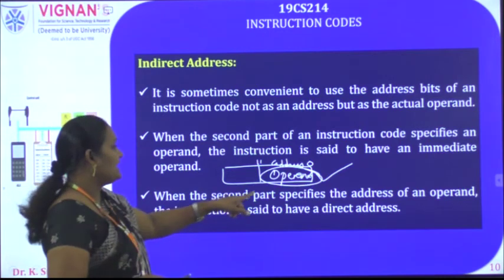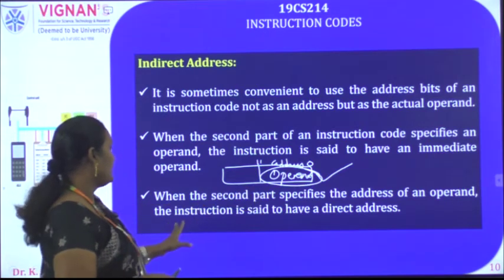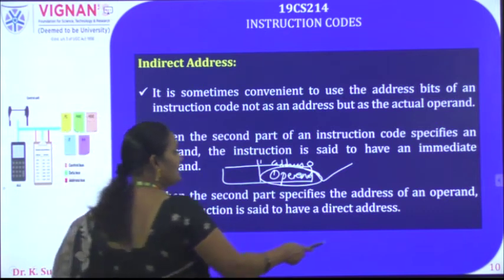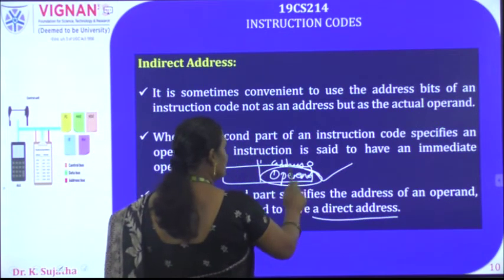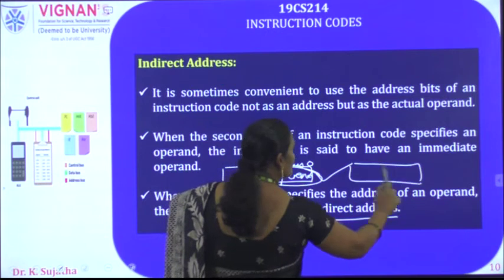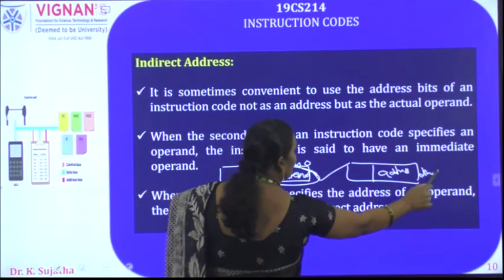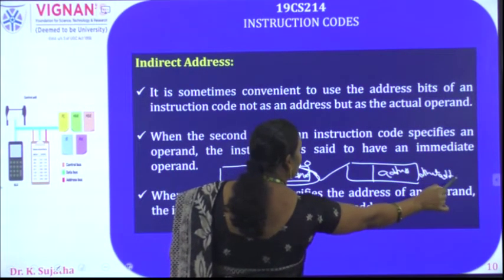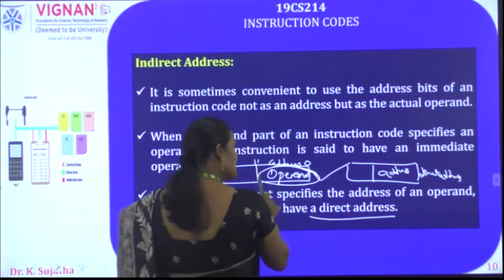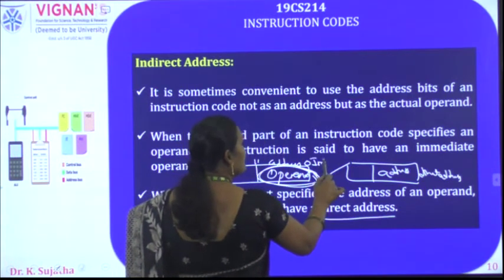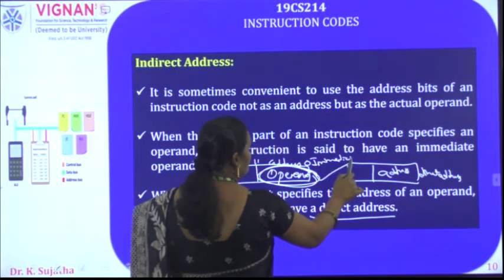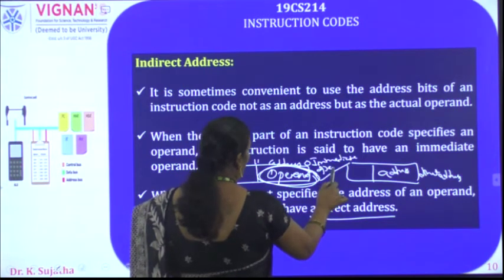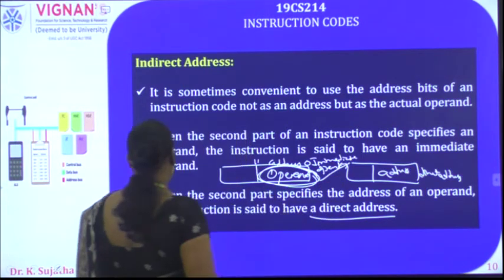When the second part specifies the address of an operand, the instruction is said to have a direct address. If it is an operand, it is called the immediate operand mode of the instruction code.